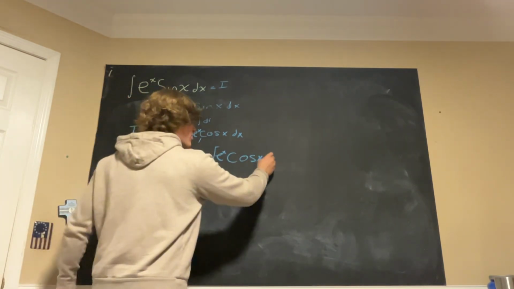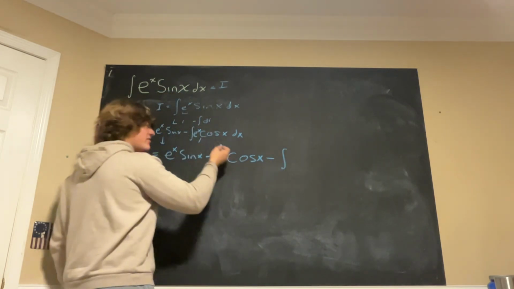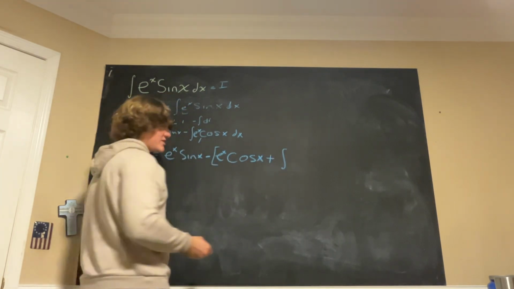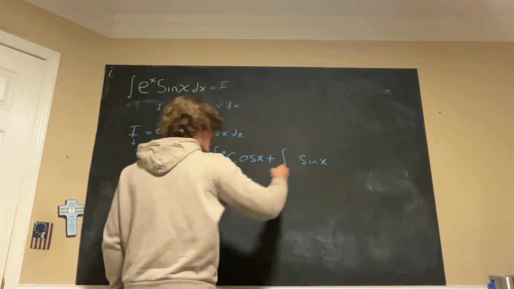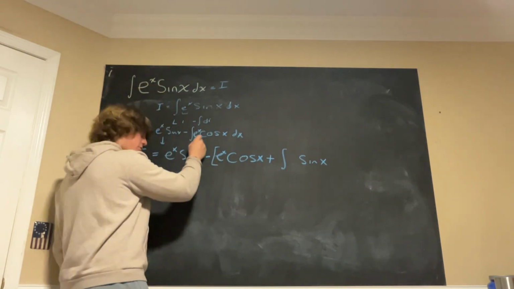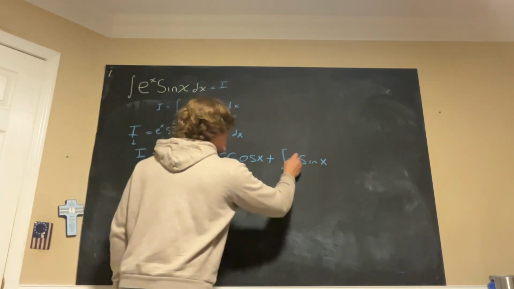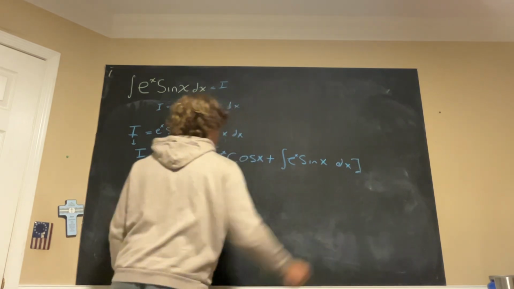Then you subtract the integral of the derivative of cosine x, which is negative sine of x, so this becomes a positive on the outside. So then we have a sine of x, and then multiply that by the integral of our second term, e to the x, and this is with respect to x.